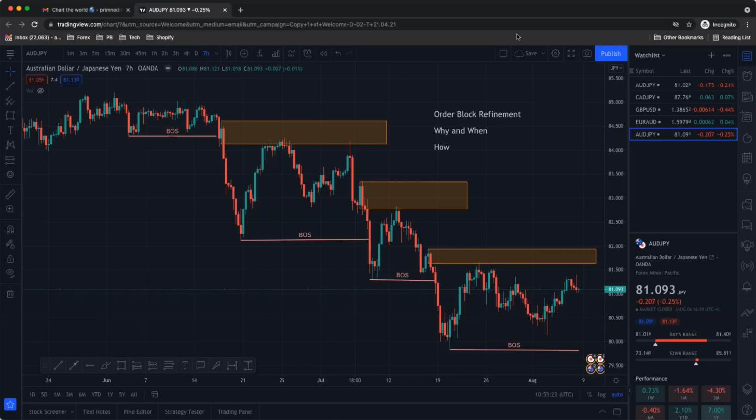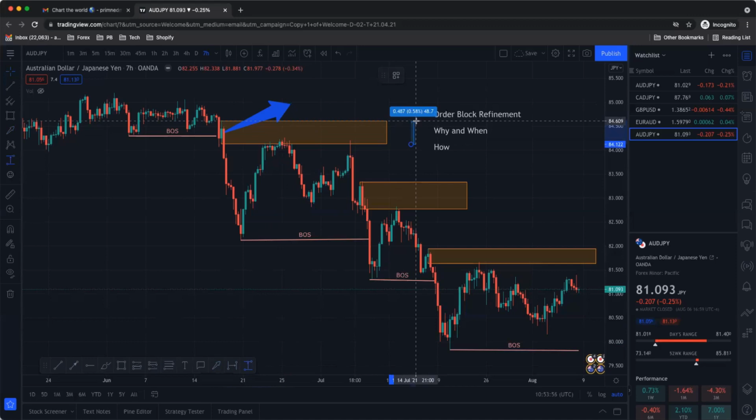So why do we need to refine an order block? In order to get the highest possible reward compared to the risk, we need to refine them. For example, this order block is kind of a 50 pips range.